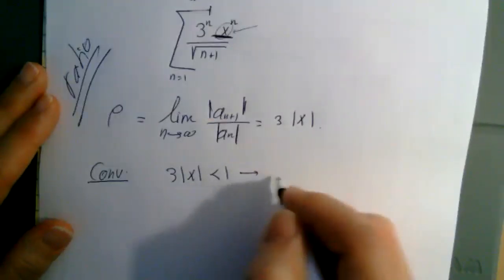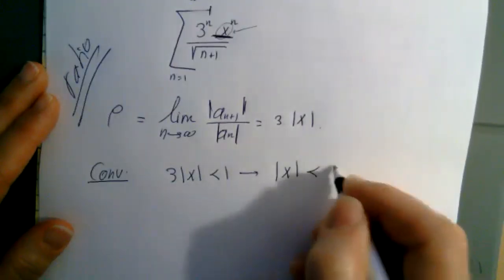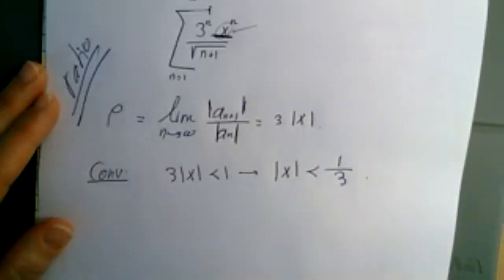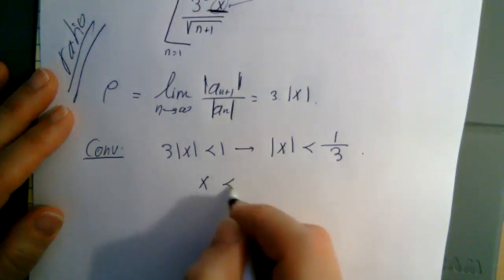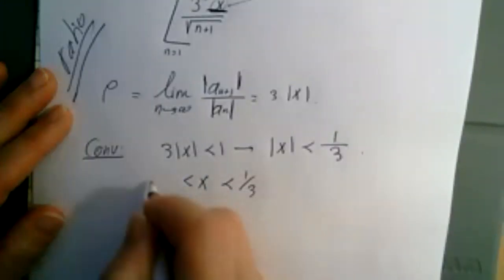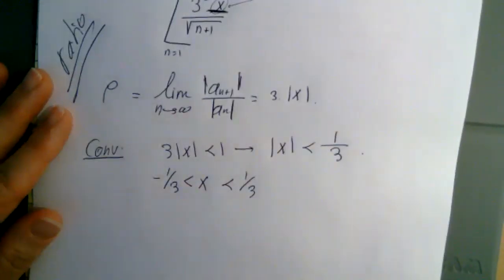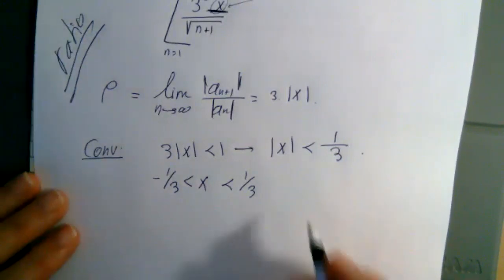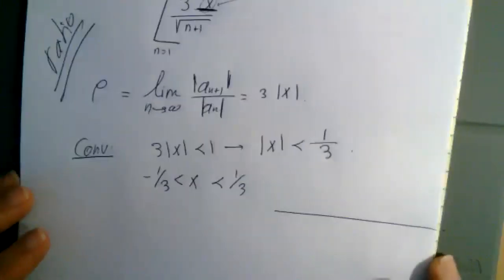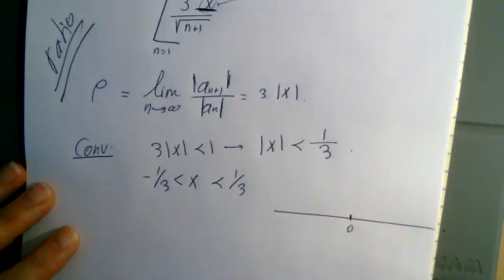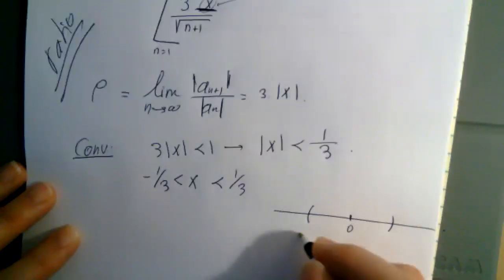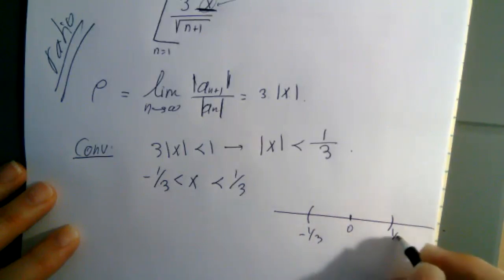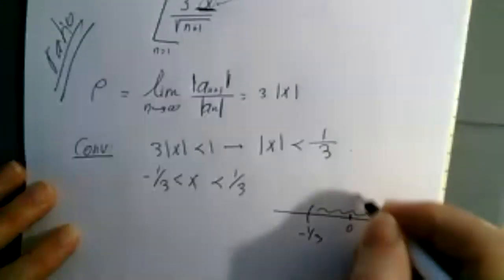So basically I isolate my x. If x in absolute value is less than a third, it means x has to be between minus a third and a third. So we know that it converges right there. I always draw the number line just to give us a picture. This is 0, and I know it converges right here.